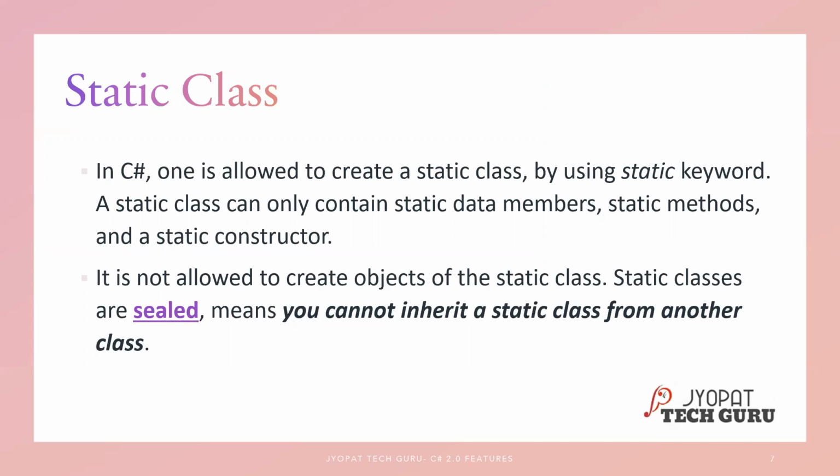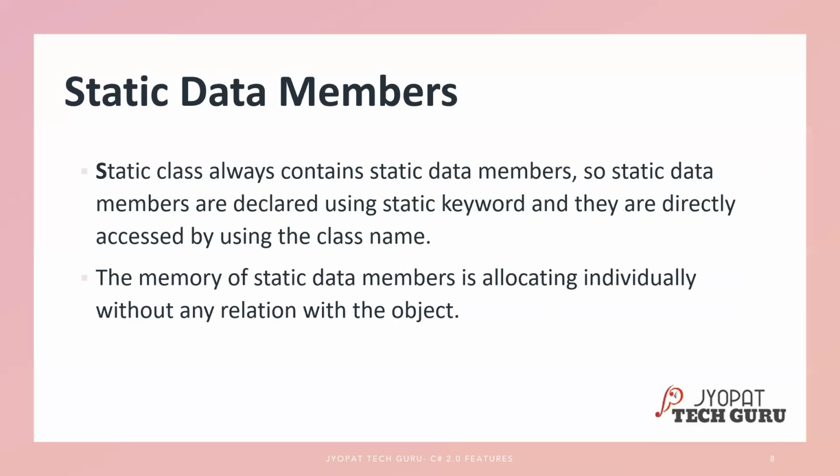That means you cannot inherit it. Whenever you are creating a static class, you have to keep certain things in mind. That is, you can declare static data members, static methods, or a static constructor. As it cannot be instantiated, you have to access all the features using the class name. What are static data members? A static class always contains static data members.